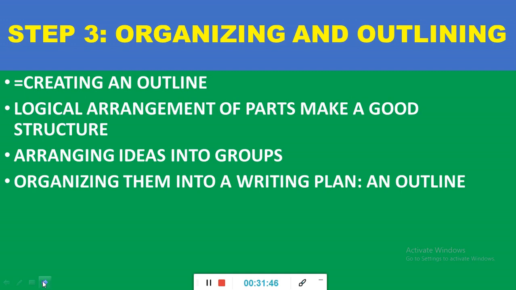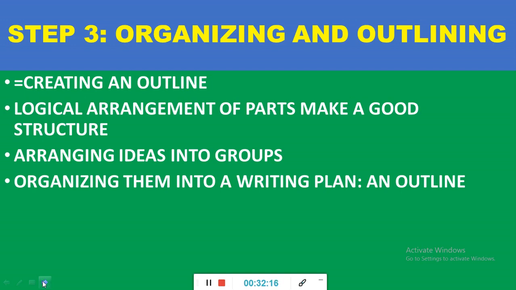All right. So at this stage, you sit down to organize the ideas you have, the information you have gathered. You have gathered a lot of information from different sources, and then you need to sit down and look at these ideas you have gathered. Then you filter them, you select the ones that are concrete, the ones that are relevant.